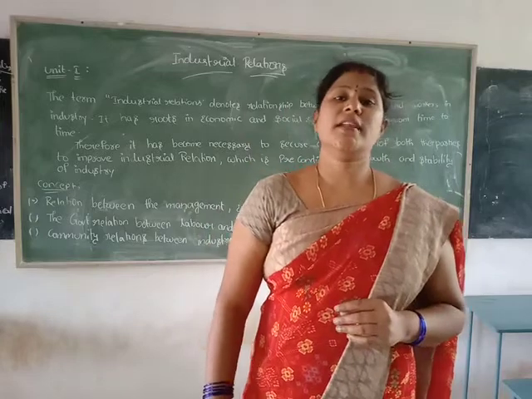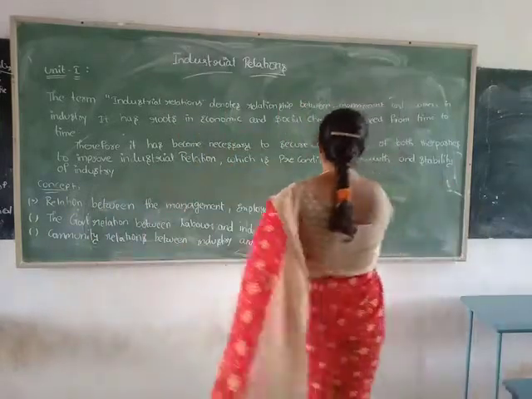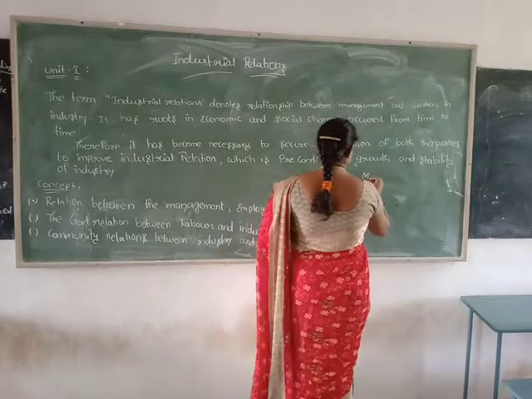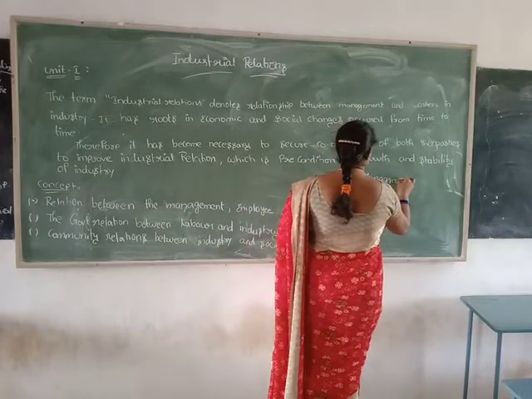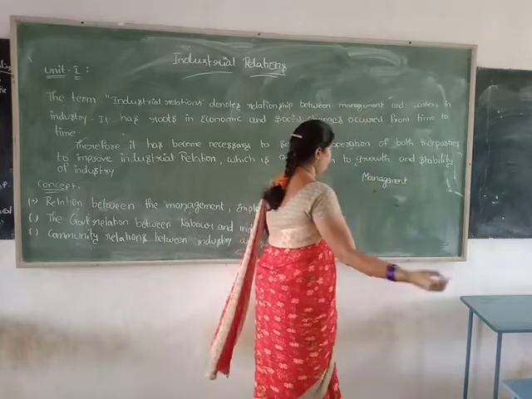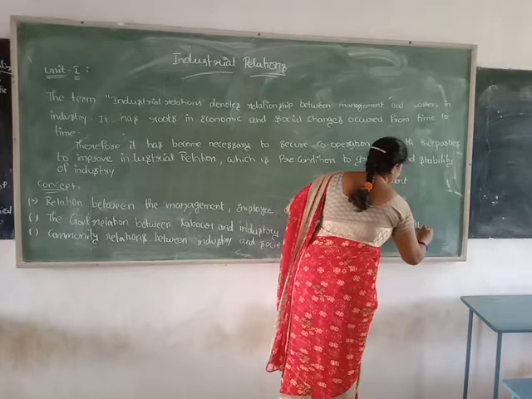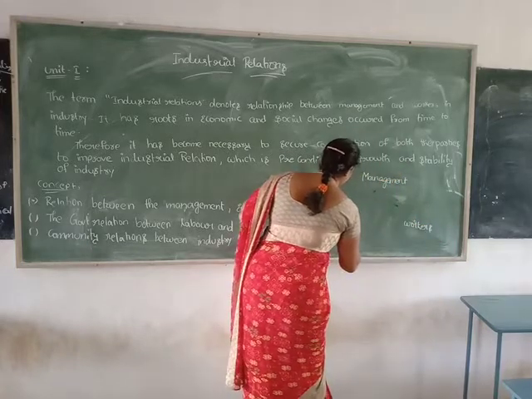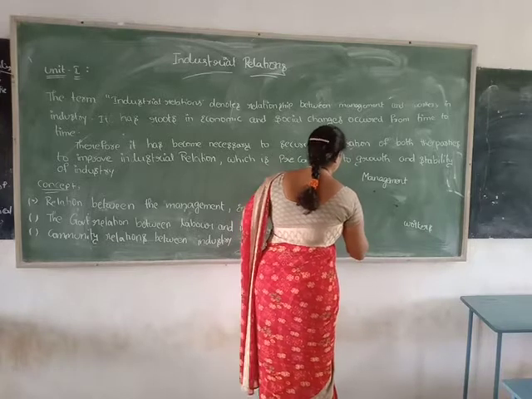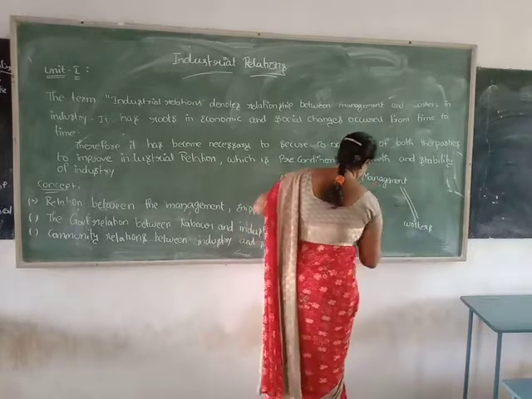So we denote it as three parties in a triangle shape: management, workers, and the involvement of the government. So we mark it like a triangle shape.